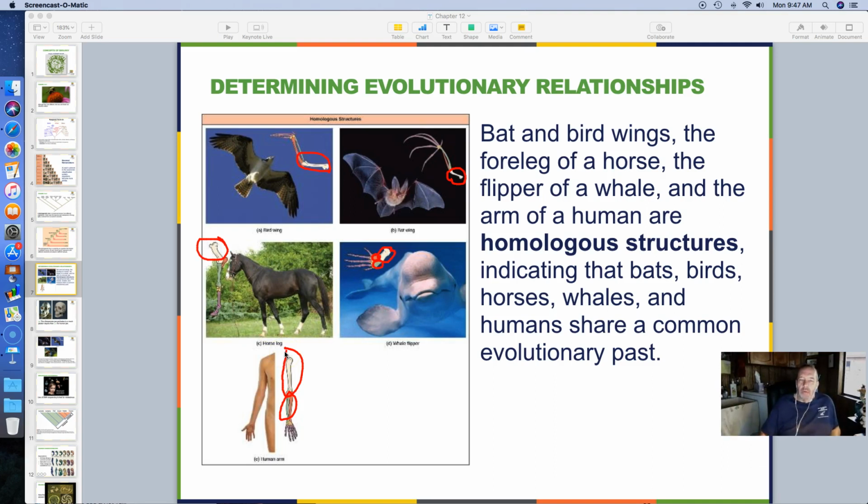All the other bones in the arm and leg and pretty much throughout the body may be slightly different to adapt to the environment they live in, but because all of these living things have those same bones, which are homologous structures, they indicate we share an evolutionary past with these other living things.